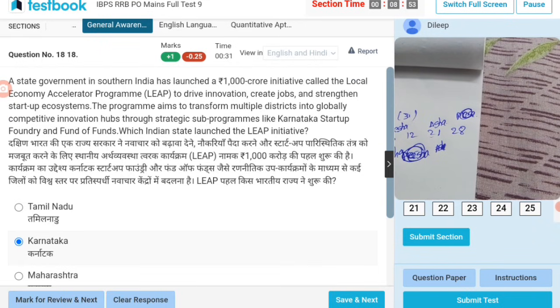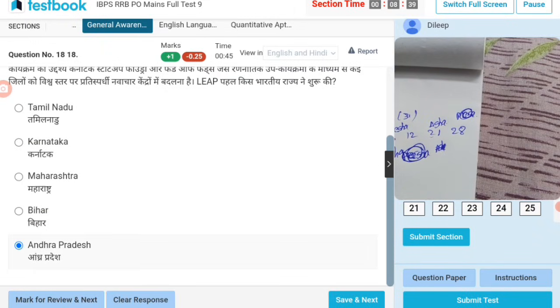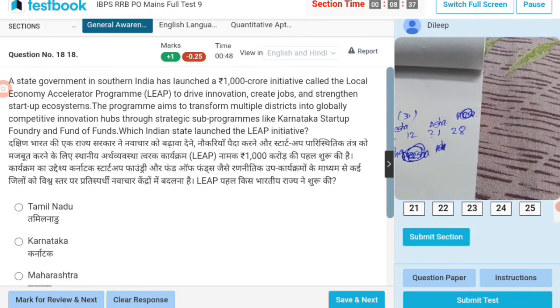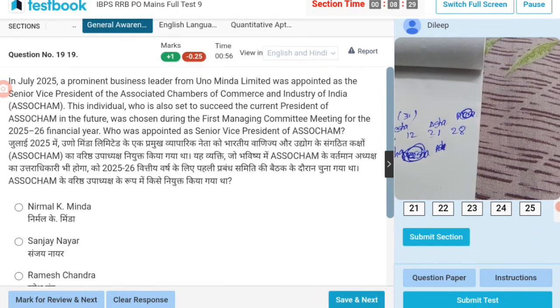A state government in southern India has launched a 1,000 crore initiative called the Local Economy Accelerator Program to drive innovation, create jobs, and strengthen startup ecosystems. The program aims to transform multiple districts into globally competitive hubs, like Karnataka, I think, Andhra Pradesh or Tamil Nadu. So I think Karnataka is also late.